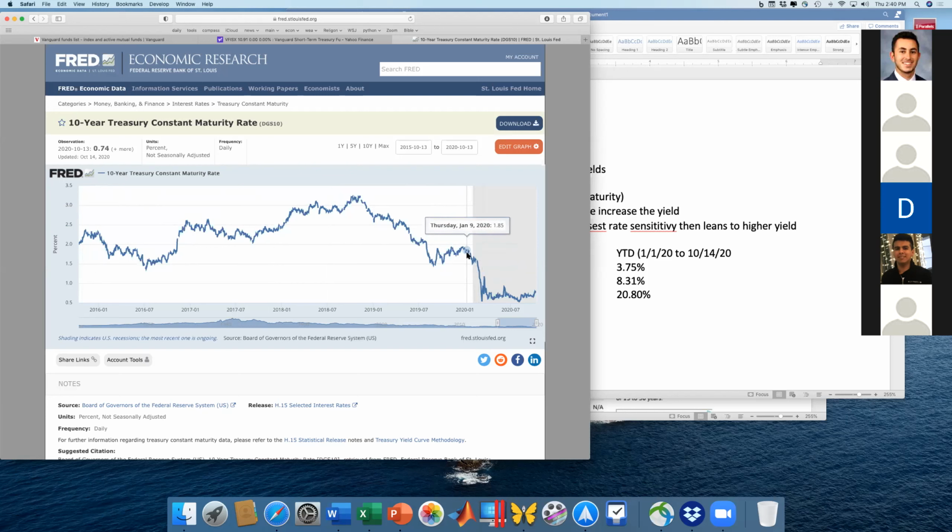This is a 10-year note. Beginning of the year 1.83, then it's down here 0.84. So these all fell roughly at the end of February, early March, when coronavirus became very much evident. So we had a fall.